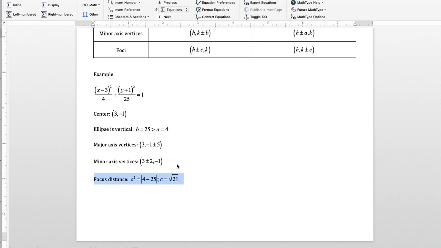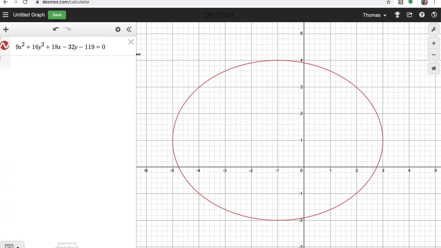We find that distance. 4 minus 25 is negative 21, but with absolute value, we can find the distance is the square root of 21. And since our foci are going to be vertical because we have a vertical ellipse, I can do 3, negative 1, that's the center, plus or minus root 21. Putting this into the calculator, we'll take a look at it.